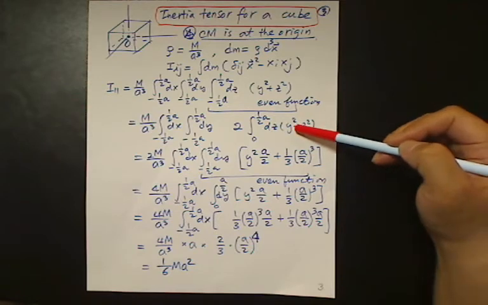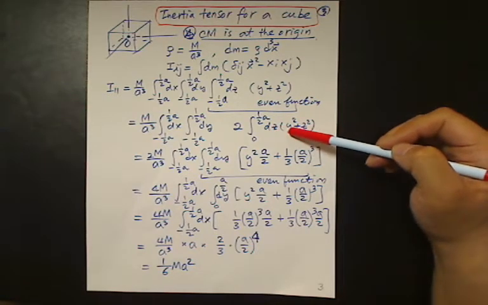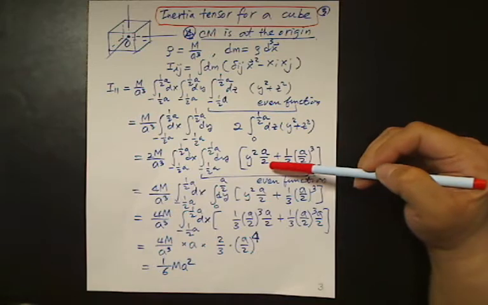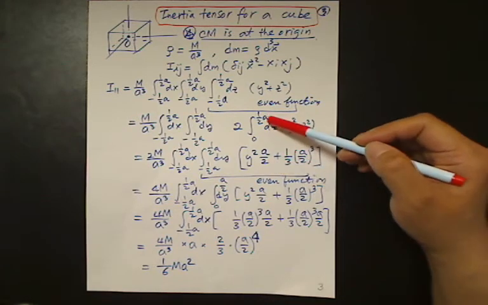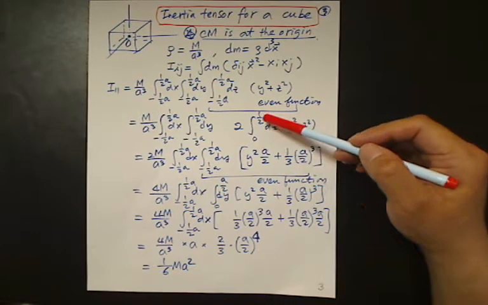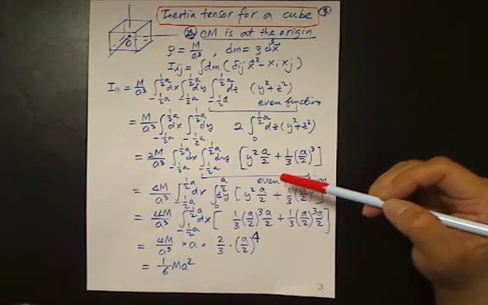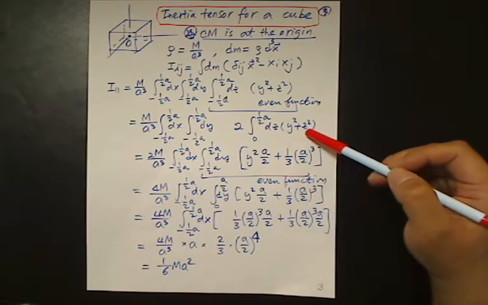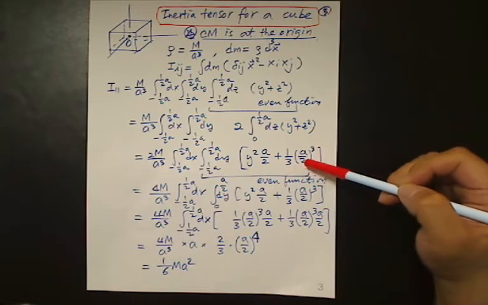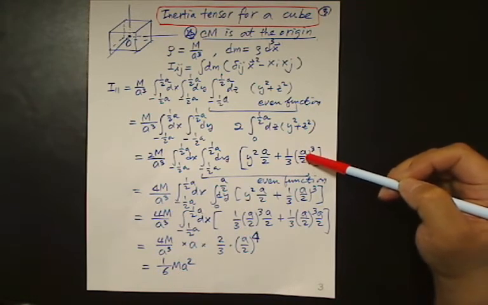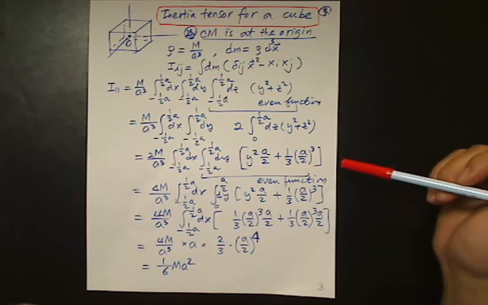The y squared is constant for z, so this integral is 1/2 a. And this factor of 2 is moved here. And this z integral is 1/3 of 1/2 a cubed.